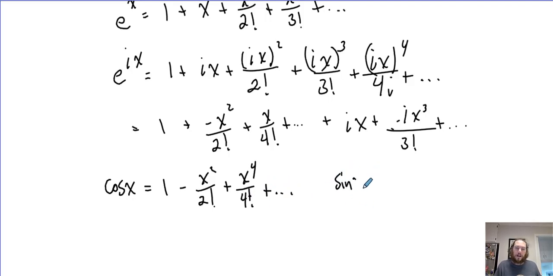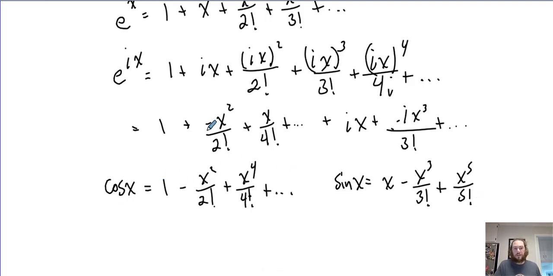And sine x is equal to x minus x cubed over 3 factorial plus x to the 5 over 5 factorial.